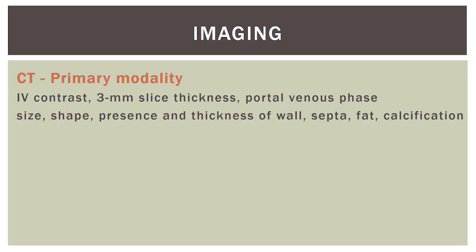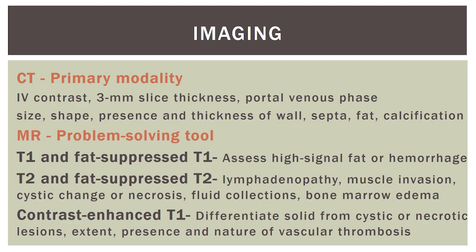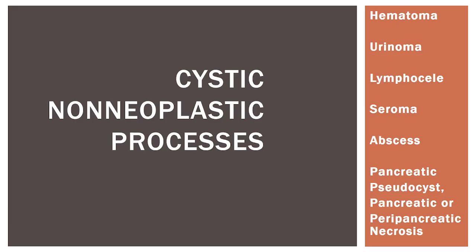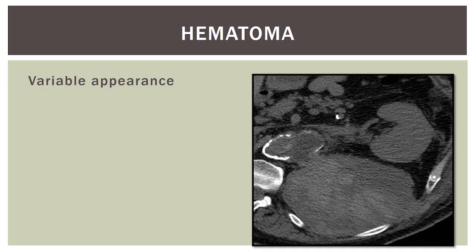CT is the primary modality for evaluation of the retroperitoneum, and MR is reserved as a problem-solving tool. Cystic non-neoplastic processes of the retroperitoneum are findings that we come across in everyday practice, like hematomas, post-operative conditions like urinoma, lymphocele, and seromas, abscesses, or post-pancreatitis collections like pancreatic pseudocysts, and pancreatic or peripancreatic fat necrosis.